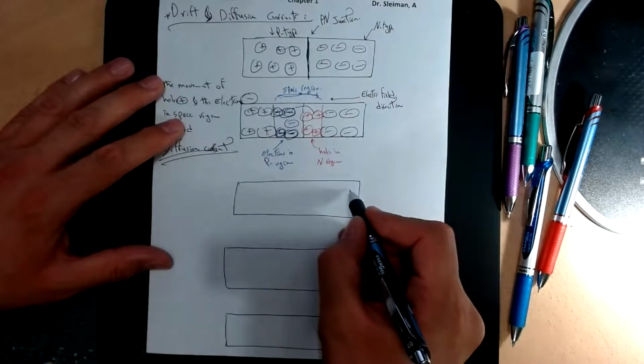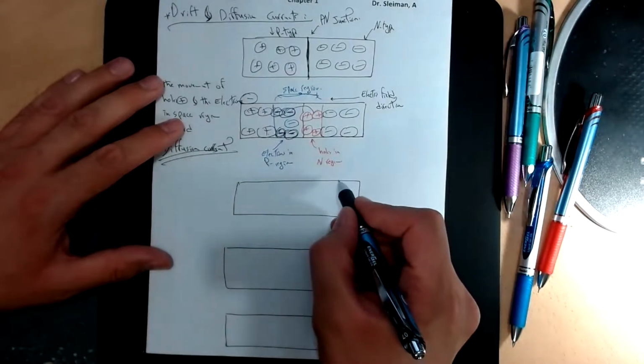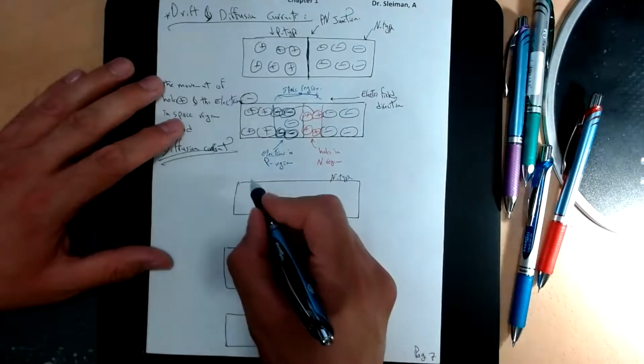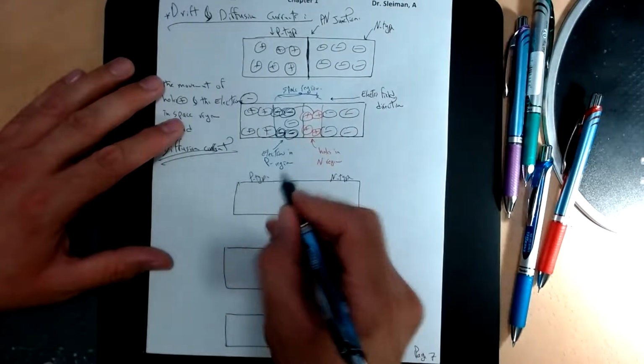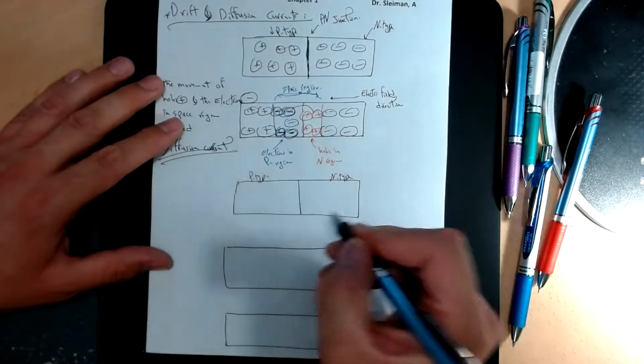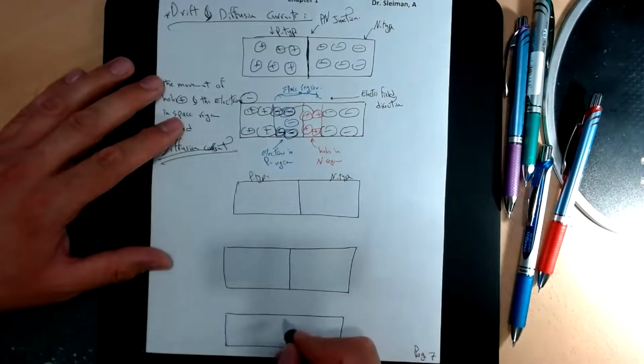So usually this is the negative side, this is the N-type, and this is the P-type for all of them. And this is the P-N junction in the middle.